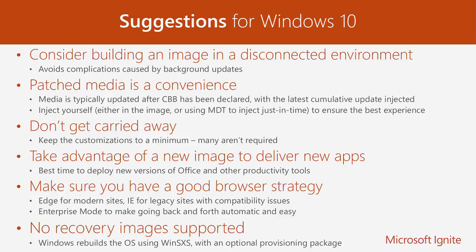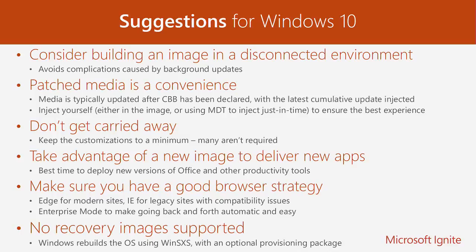We do see that a lot of organizations will take advantage of new Windows releases to deploy other stuff. So as you're moving from, say, Windows 7 to Windows 10, let's upgrade Office, let's upgrade Adobe Reader, let's upgrade SAP, let's upgrade everything that we're running on our standard desktop, which is okay.